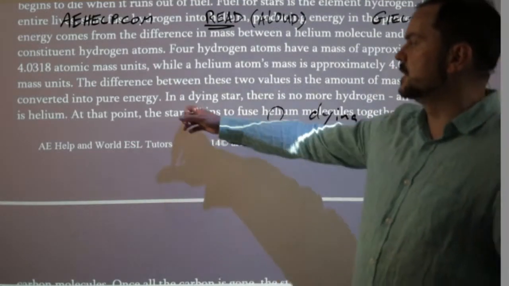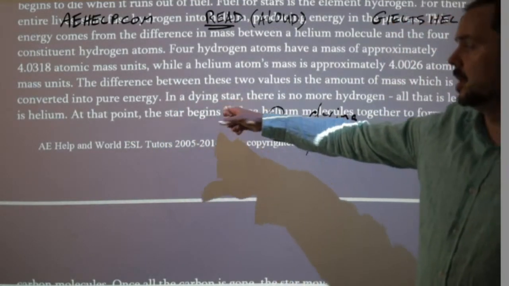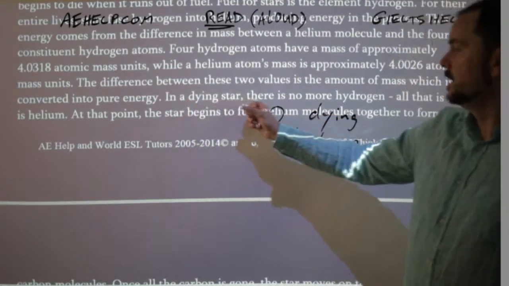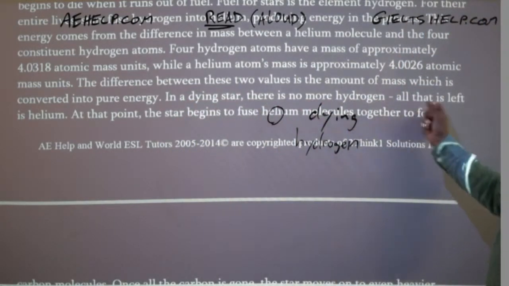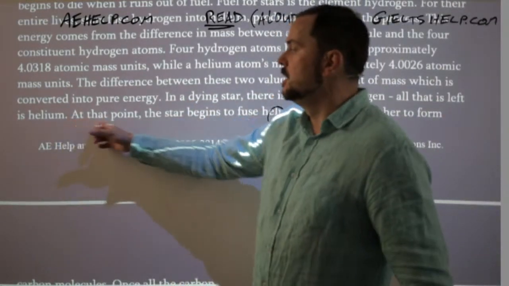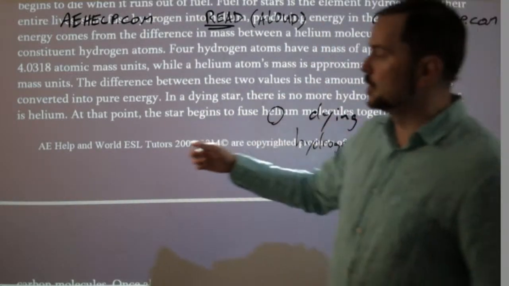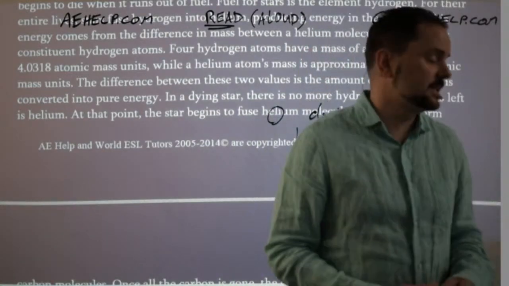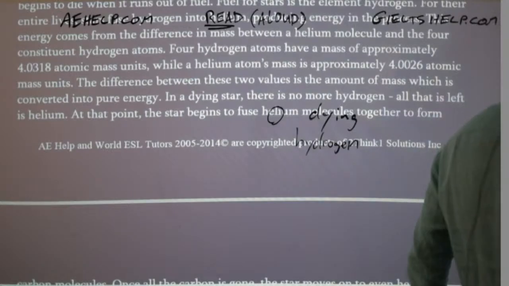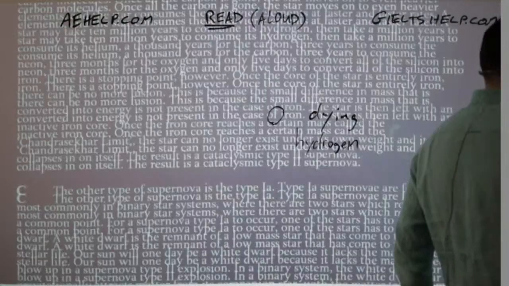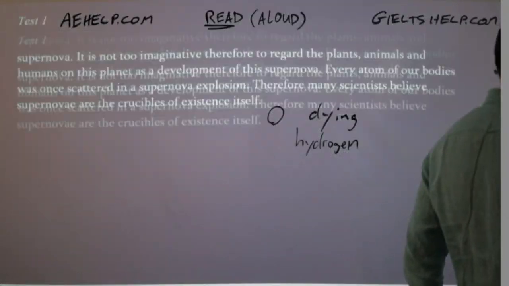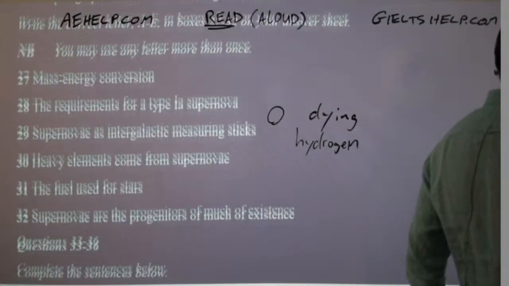And I remember it was somewhere here. So in a dying star, there's no more hydrogen. All that is left is helium. So I check the spelling of these words as well if I'm in the paper-based exam. Make sure that I'm not getting these wrong or typing these wrong in the computer-based exam. Okay.